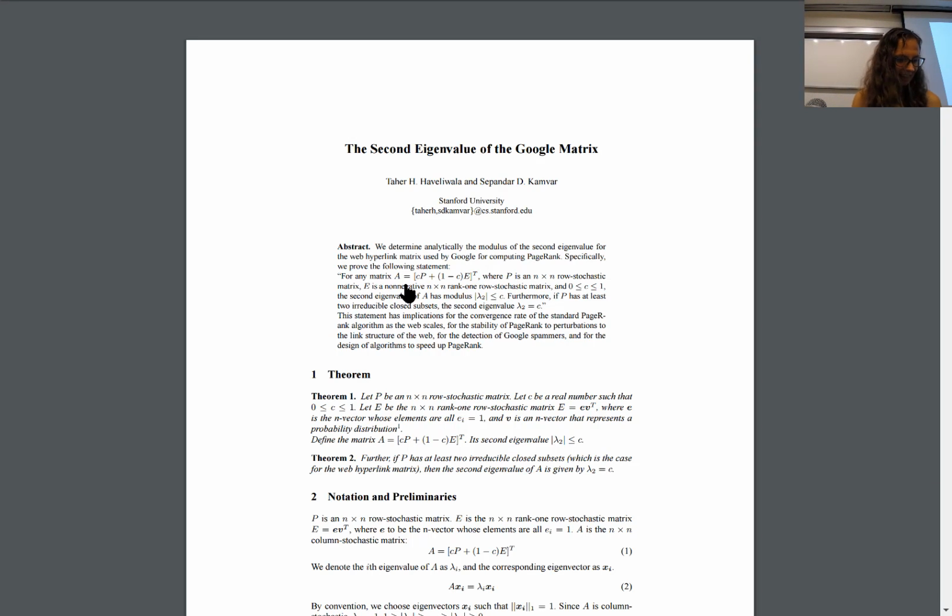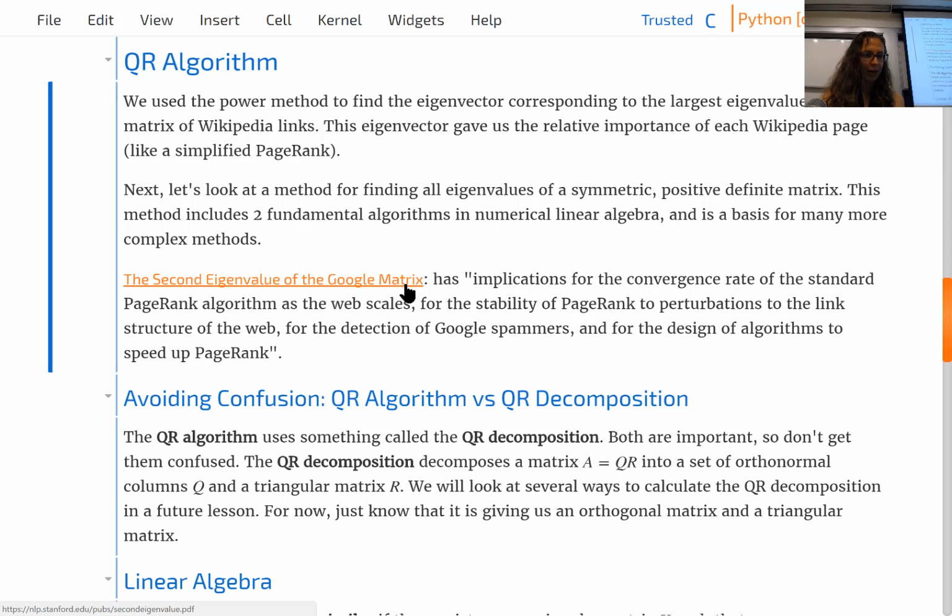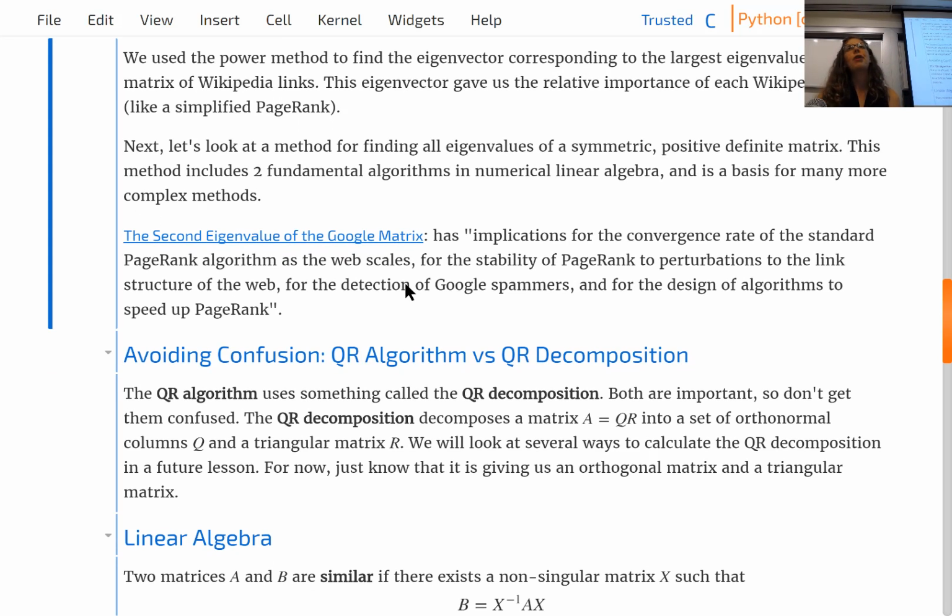It lists some benefits of what you can get from even just the second eigenvalue. It relates to the convergence rate as well as the stability, as the structure of the web is changing, detection of spammers, and the design of algorithms to speed up PageRank. You can check that out for more information. Again, these are more practical uses of the second eigenvalue.